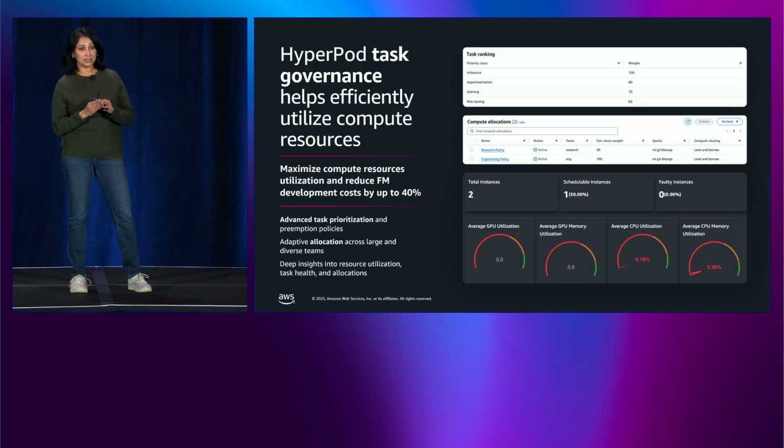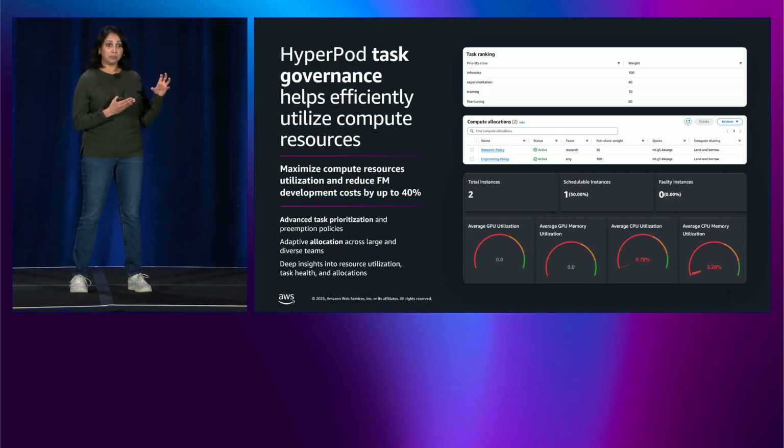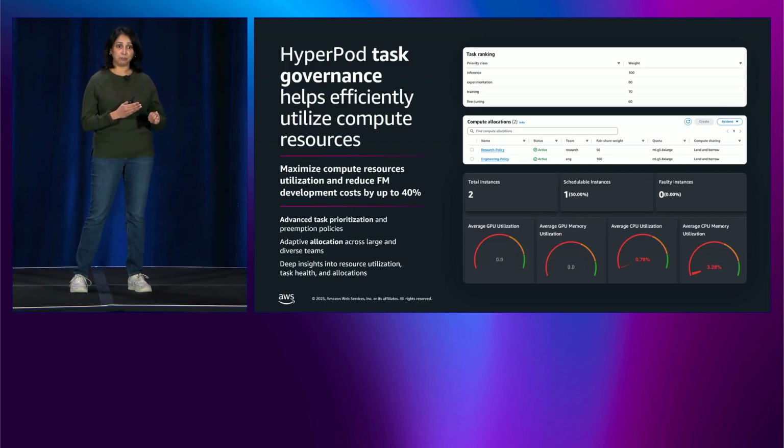The way this works is an administrator can go in and specify compute allocations for different teams. But along with that compute allocation, they can also specify priorities for different tasks and set up preemption rules. And once this is set up, HyperPod will automatically prioritize the highest priority tasks that come in.